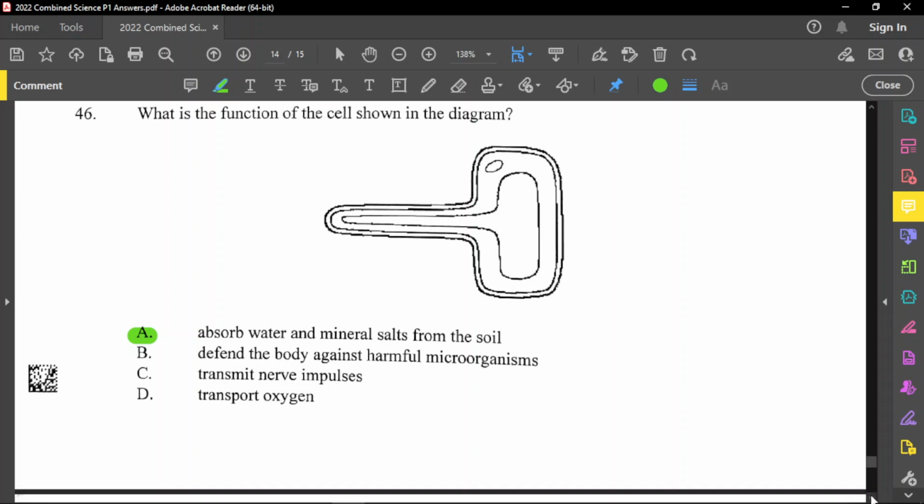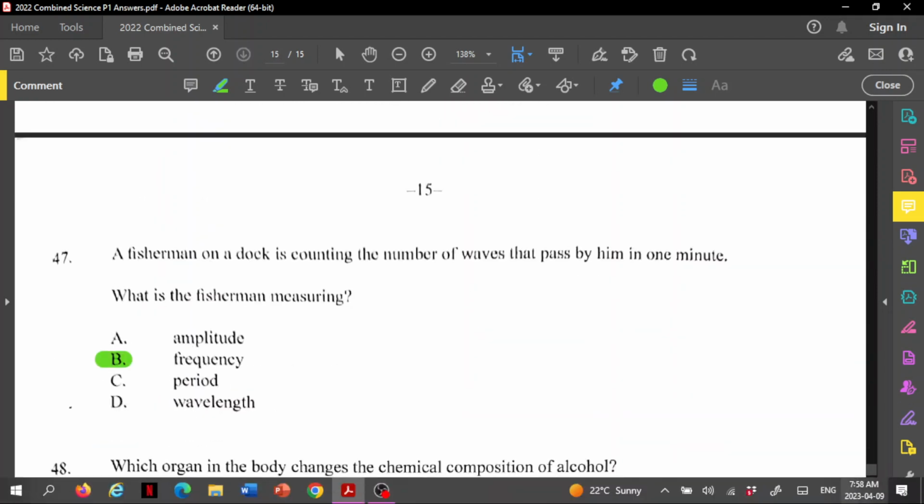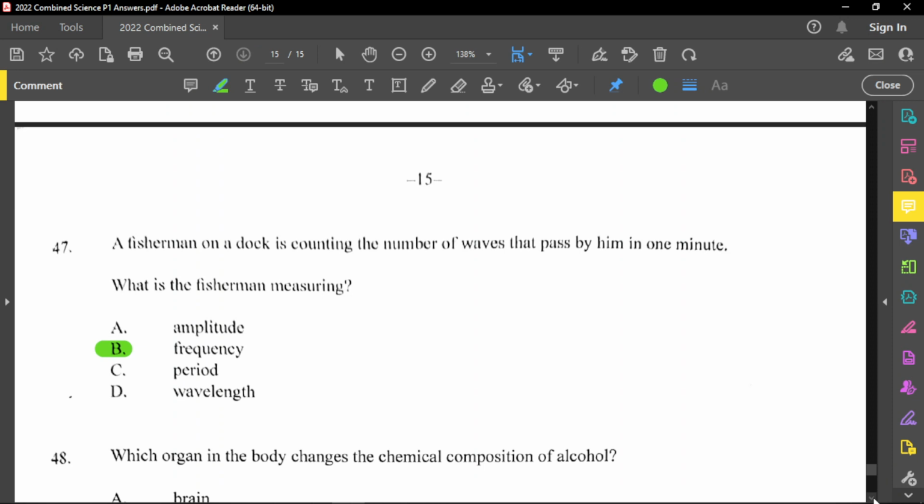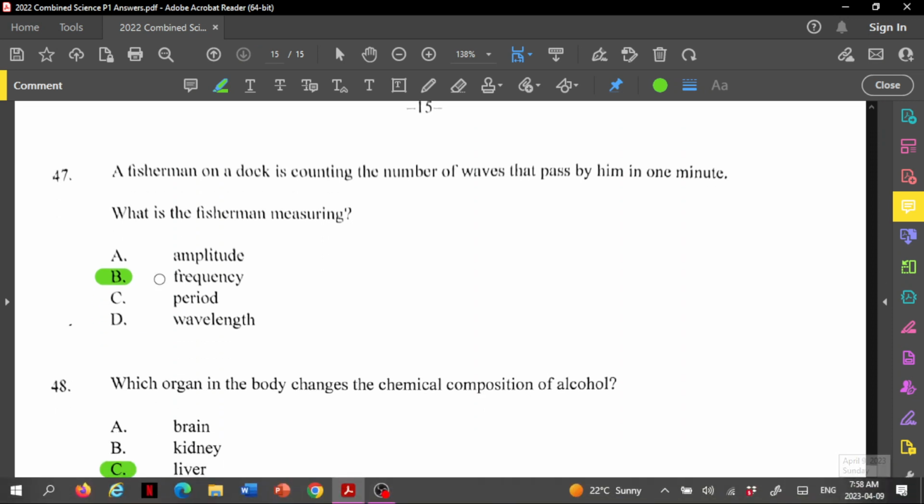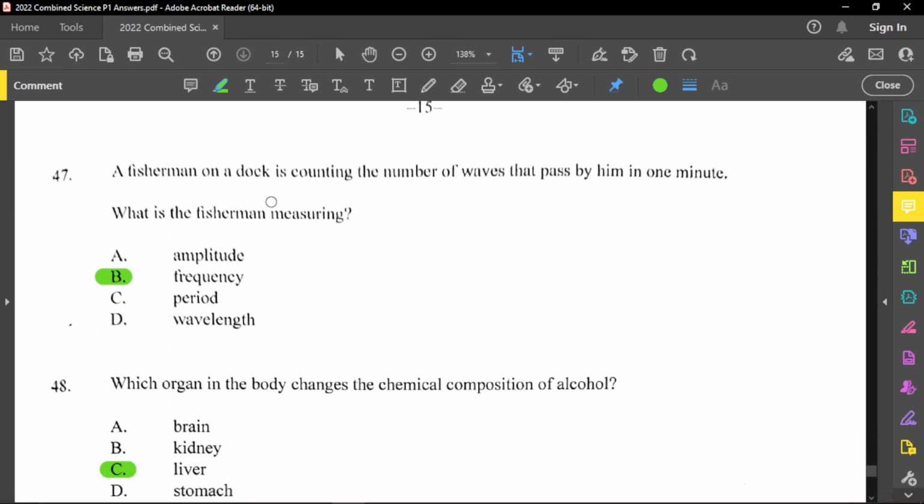Let's jump into the next question, which is question number 47, which means that we're almost there. This one reads that a fisherman on a dock is counting the number of waves that pass him in 1 minute. So if you count the number of waves that pass in 1 minute, you're looking at number per time. And the amount of waves per time is actually the frequency of the wave.